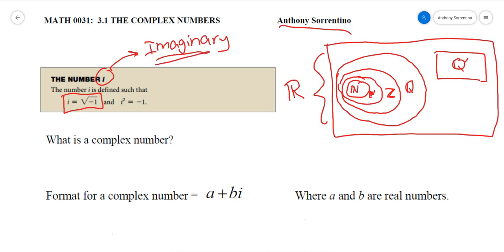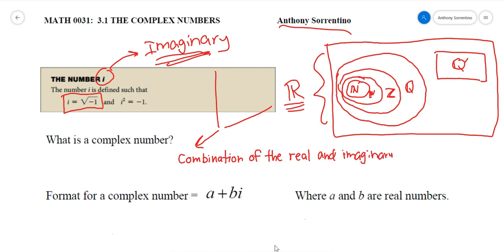It's the combination of the imaginary number system and the real number system that makes up what we call complex numbers. So that's what a complex number is. It's a combination of the real and imaginary number system. That means that any number we've dealt with up to this point, which of course were real numbers, are also complex numbers.